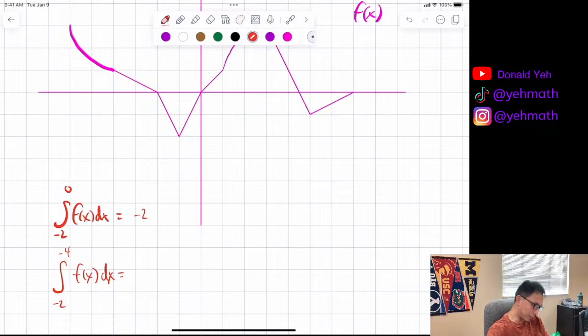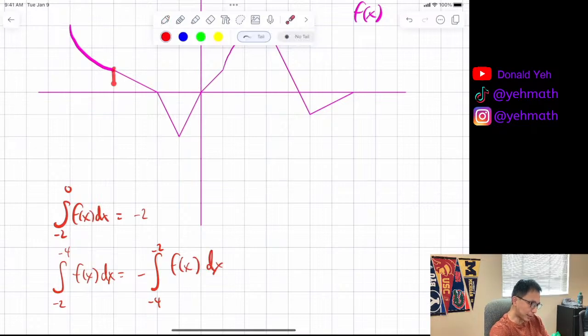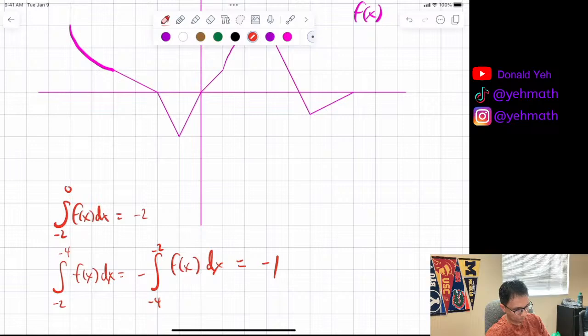Why is the -1 good? Because the correct orientation is -4 to -2, and you should put a negative there. Now, since they're above the x-axis, this is triangle area, so it's 1/2 base times height, so that's equal to -1. Is that okay?